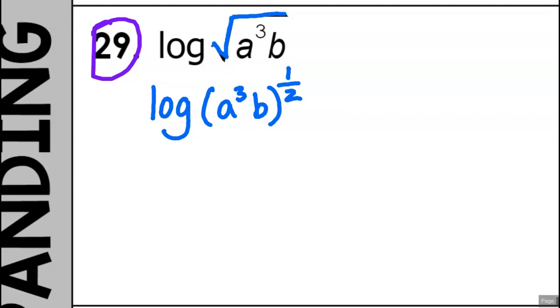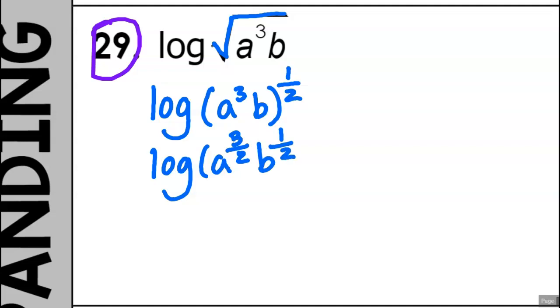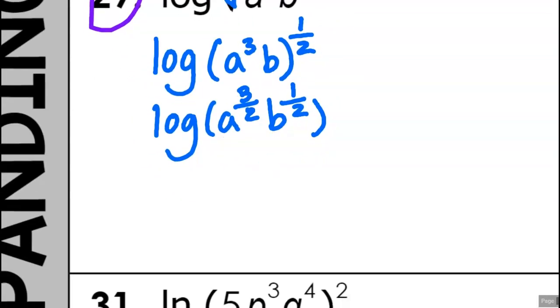And then we also learned that whenever we have two variables raised to the same power, we can just distribute that exponent into both terms. So a cubed times 1/2 would be a to the power of 3/2, and b raised to the power of 1. So all I did there was distribute the 1/2 into both. So now I can actually expand this into two separate logs because I know that I have a log of two terms being multiplied together.